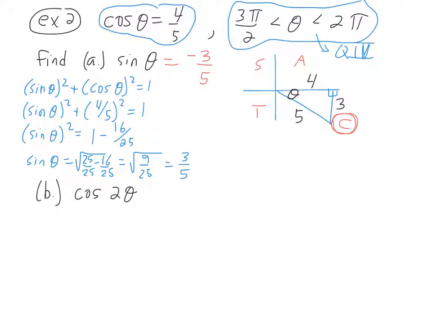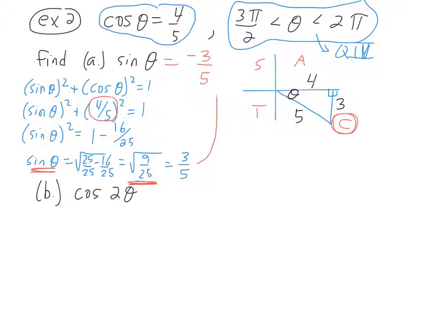If we once again replace cosine of theta with 4/5 and then do the algebra to solve for sine of theta, you're going to have to square 4/5, subtract it from that 1, and then square root. Notice we get the square root of 9 over 25, which ends up being positive 3 over 5.